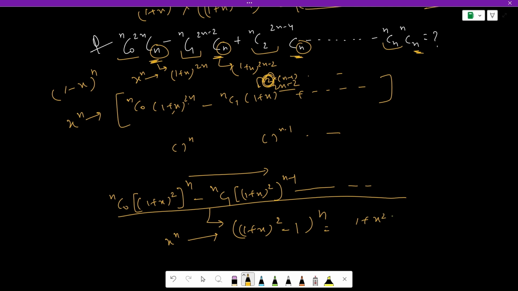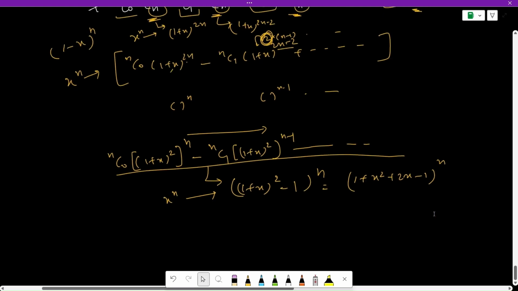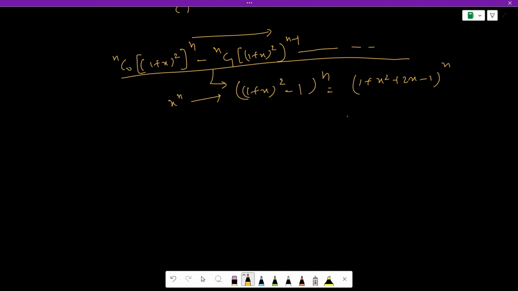Now this is equal to (1 plus x squared plus 2x minus 1) raised to the power n. Right, now this will cancel out, and this will be x into (x plus 2) raised to the power n. This is x to the power n into (x plus 2) to the power n.